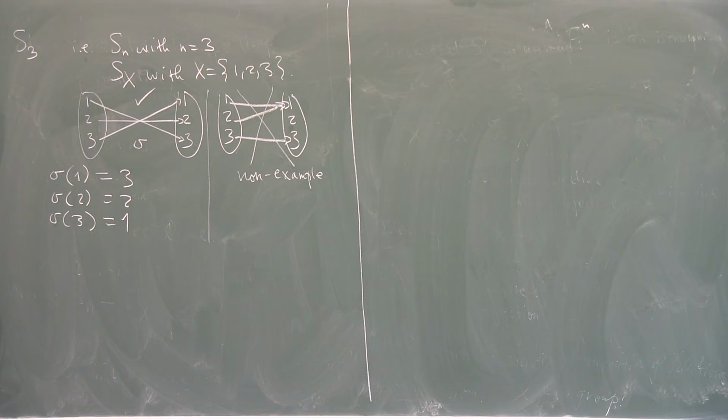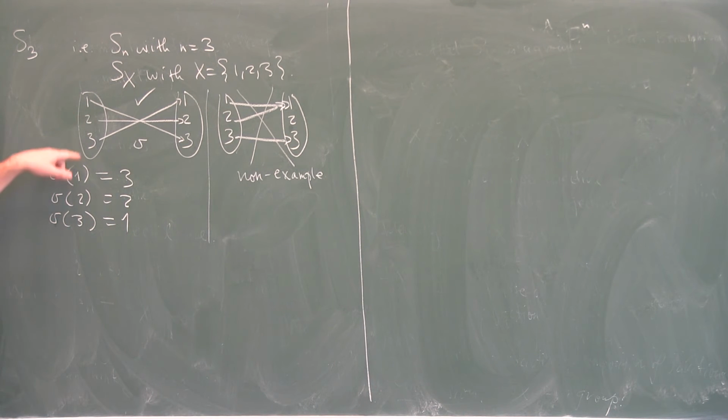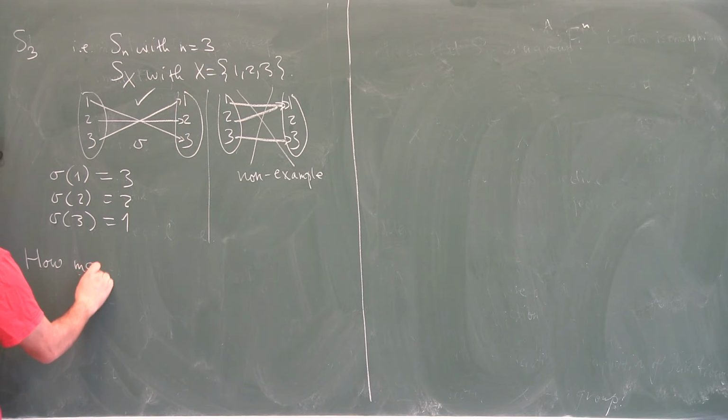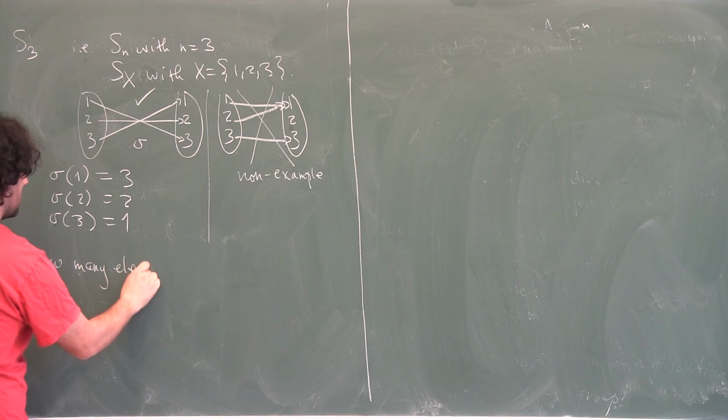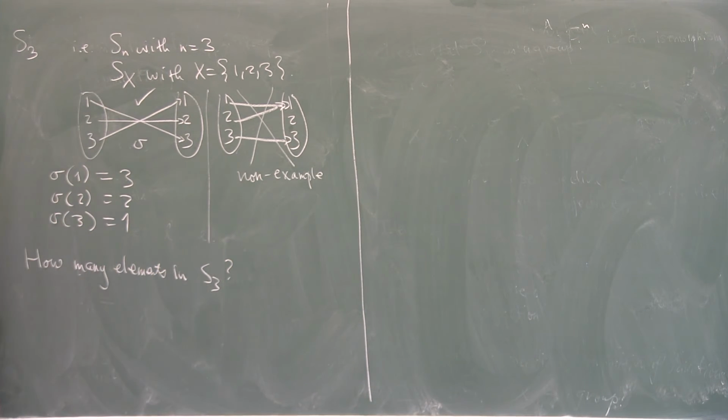All right? So now let's think about how many different permutations of 1, 2, 3 there are. How many elements are in S_3?